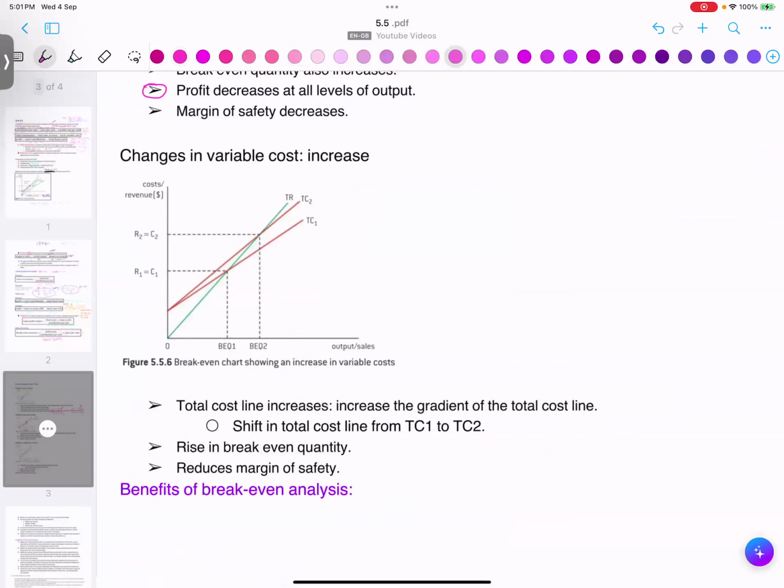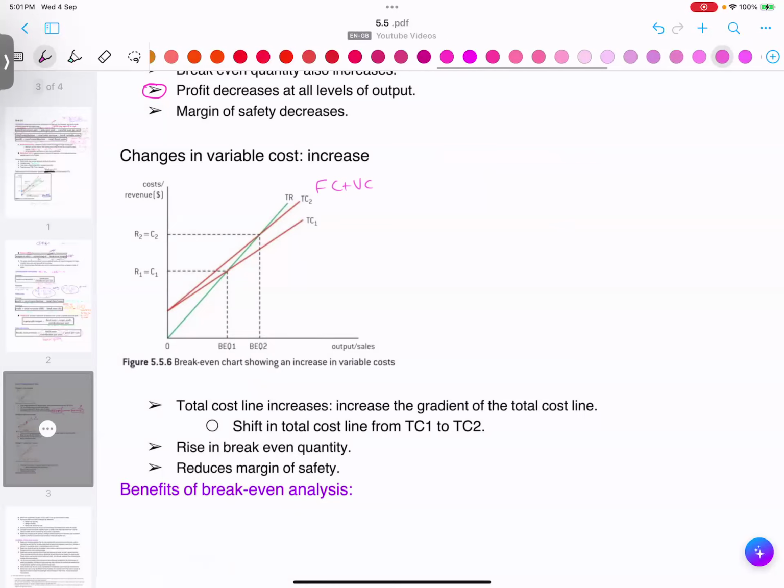So basically an increase in variable cost. We do know that total cost is fixed cost plus variable cost. I've said that like 1,000 times, but what will happen is that total costs will increase, and the break-even level of output will increase.